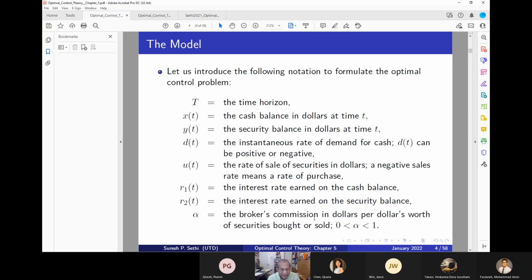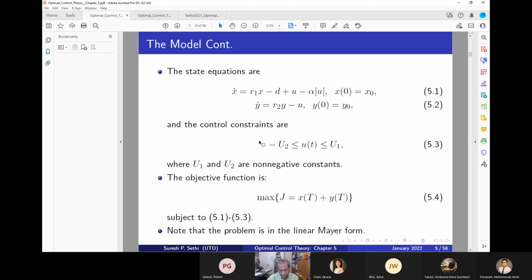You have to trade only at certain instances when your cash balance is out of whack. On one hand, this model is more general. It allows a dynamic, continuous kind of problem. On the other hand, it does not allow a fixed cost of transaction, which makes the problem complicated in other ways. So with that, I will describe the model.